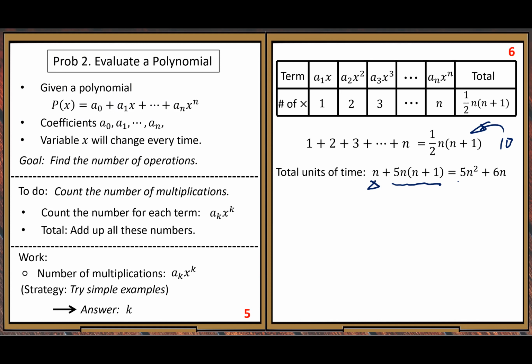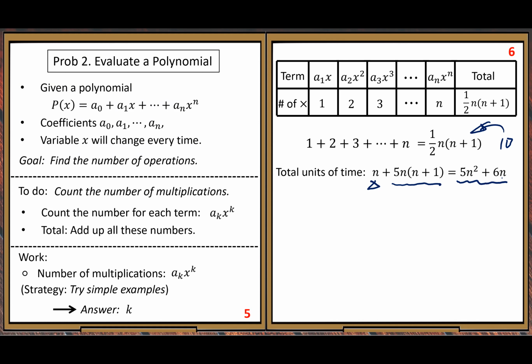Okay, so the final expression, this many units, 5n squared plus 6n, total number of time units we need to calculate this polynomial. That's the concrete number we can use for comparison.